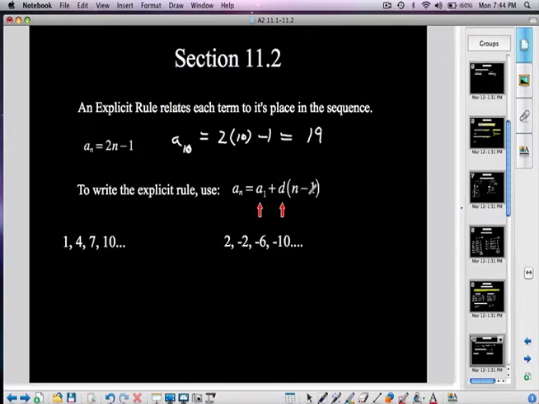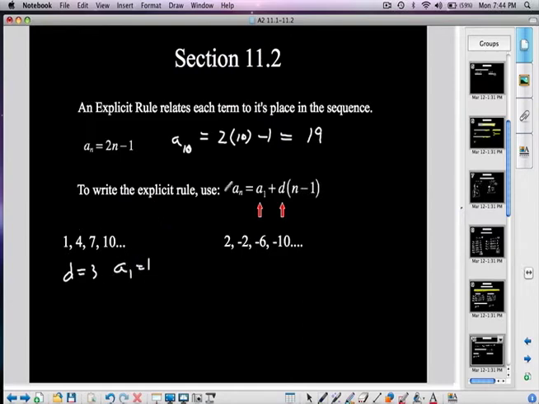Now we have a formula for writing the explicit rule for an arithmetic sequence. It's always going to be a sub n is equal to a sub 1, the first term, plus the common difference, d, times n minus 1. In this case, d was equal to 3, and a sub 1, you can see, is 1.